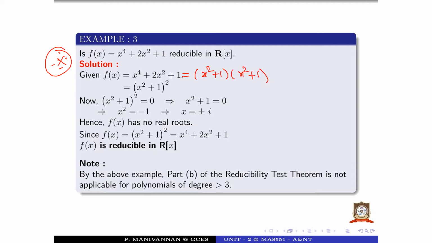Therefore, (x squared plus 1) the whole square. Now we want to find the roots of this polynomial, therefore we equate this to 0. x squared plus 1 equal to 0, x squared equal to minus 1. Therefore, x equal to plus or minus i.